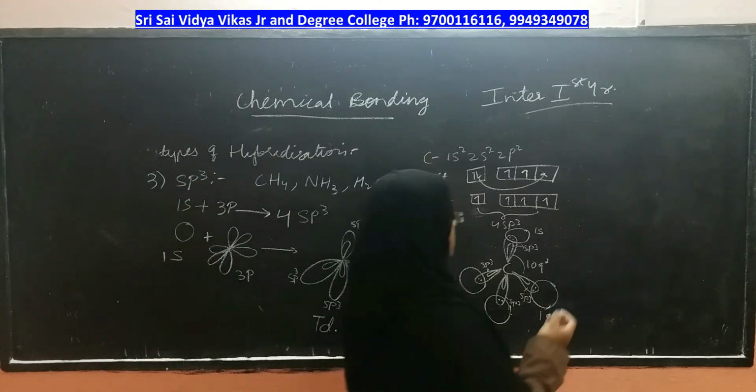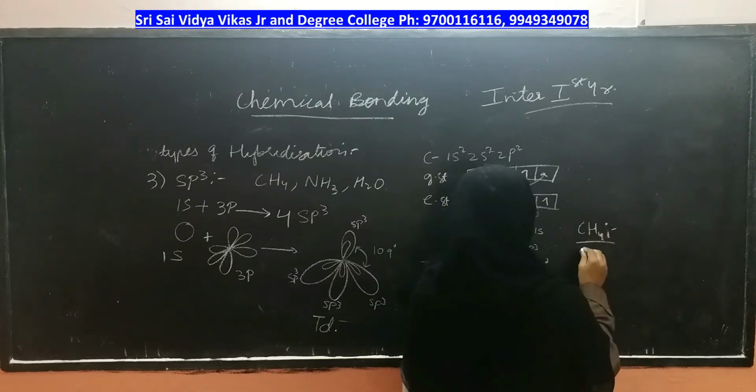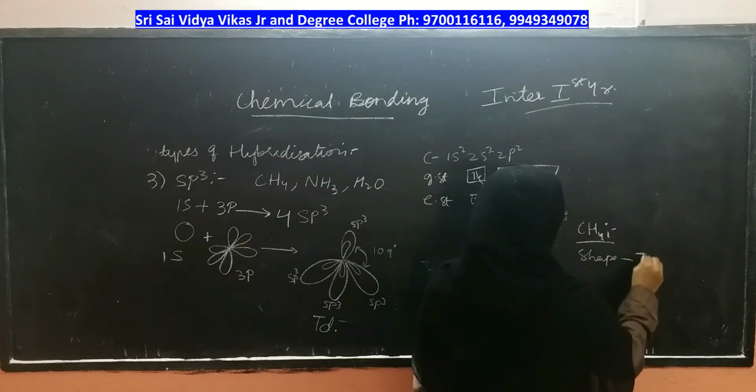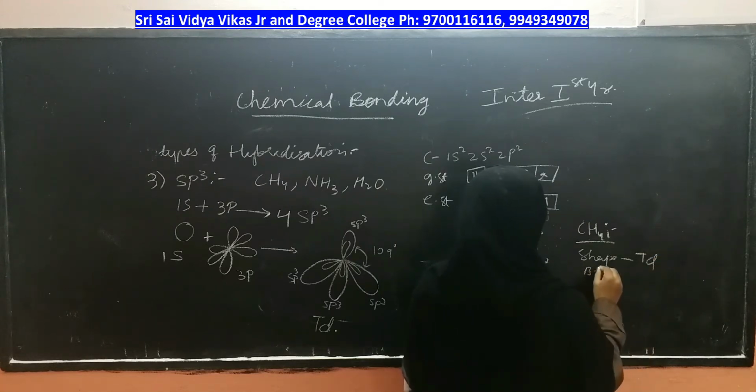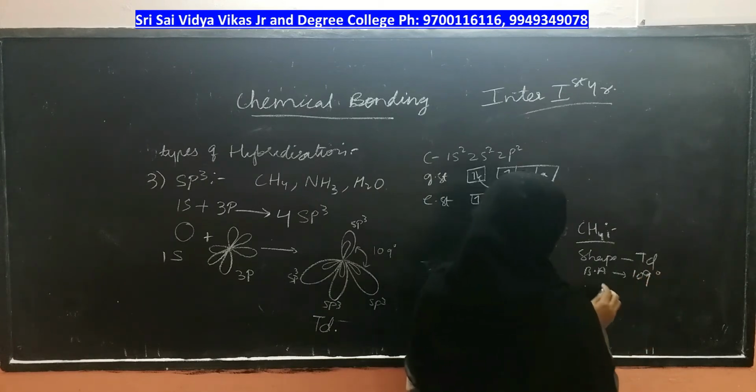So now, what are the details of the methane molecule? Shape is what? Tetrahedral. Bond angle 109 degrees. And what next?